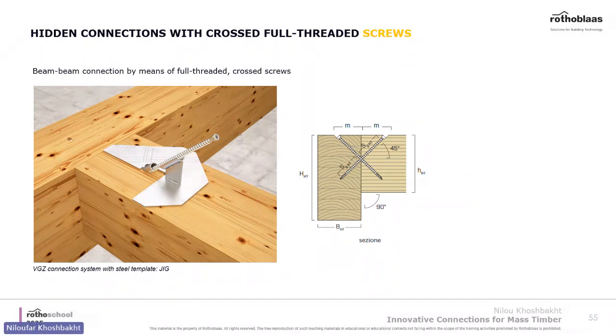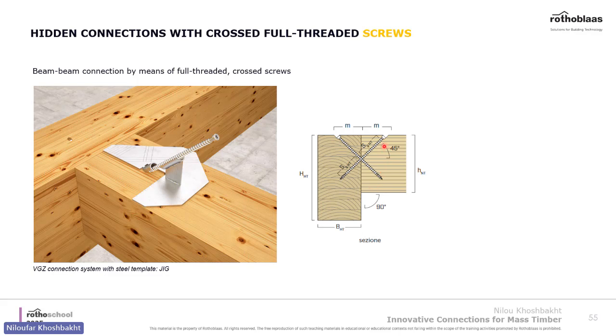Fully threaded screws can also be used as hangers, connecting beams to beams or beams to posts. The way we apply it is at a 45-degree angle, and it should be a fully threaded screw.